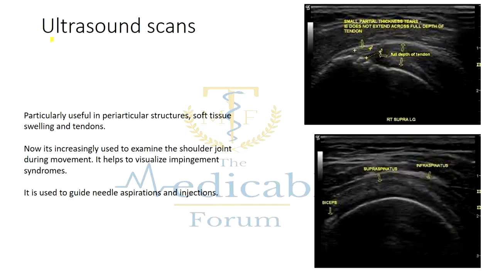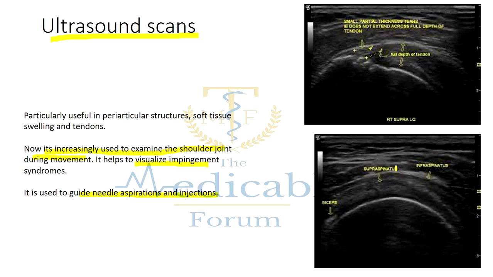Ultrasound scans are now highly used to see the periarticular structures and soft tissues, swellings in soft tissues and tendons, etc. Now it's increasingly used to examine the shoulder joint during movement to exclude and visualize impingement syndromes. And also it's used to guide the needle during aspirations and injections.